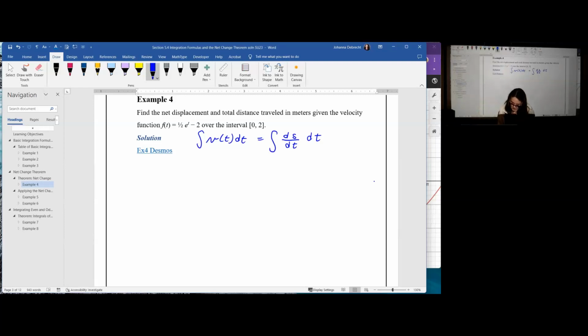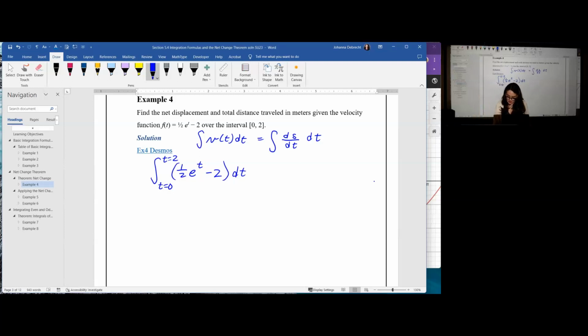The net displacement in this case is going to give us the integral from t equals 0 to t equals 2 of 1/2 e^t minus 2 with respect to t. It is a definite integral, so we're looking for a definite number. This number will represent the net displacement from the origin or the original starting place.